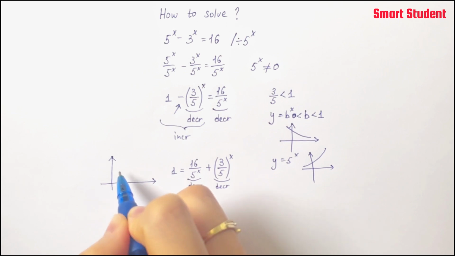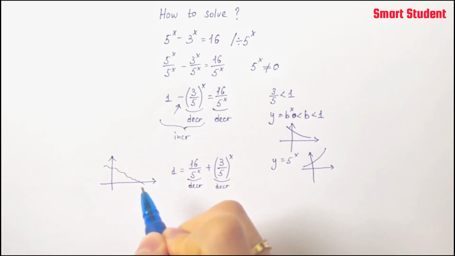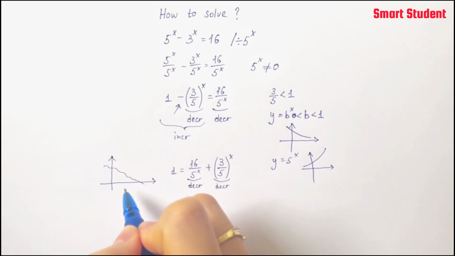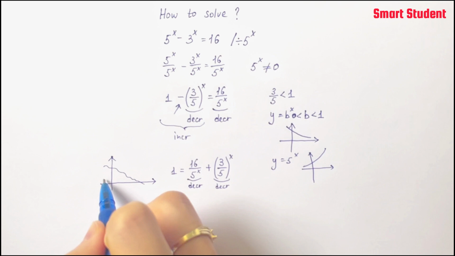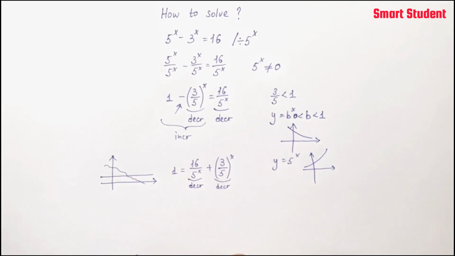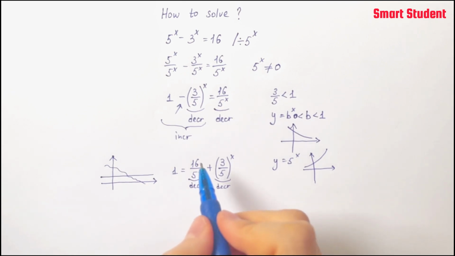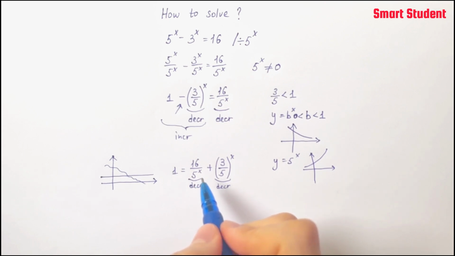Now, let's go ahead and draw the graph. But we do have another function, which is horizontal, right? And that is y equals 1. If you just evaluate our function at x equals 0, for example, this is going to be 1 plus 16.